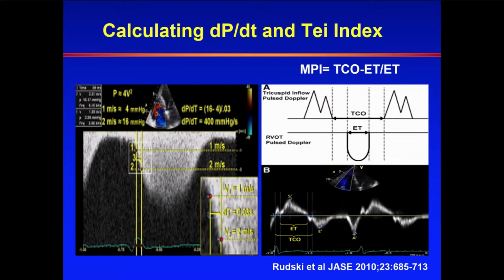The normal cutoff is less than 0.43. So if you have a ratio that exceeds 0.43 by Doppler, standard Doppler, as opposed to tissue Doppler, that's considered abnormal.